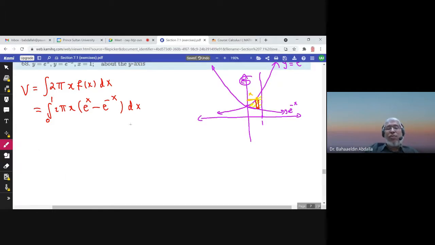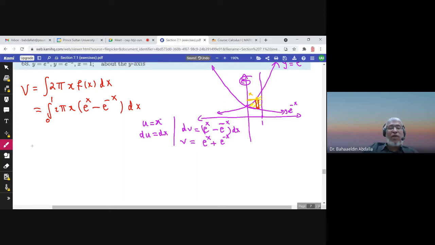I'll take u as x because it's algebraic and these are exponentials. So du would be dx. And I'll take dv as e^x minus e^(-x) dx. The integral of e^x is e^x, and the integral of e^(-x) is e^(-x) over minus 1, so it will make this positive.